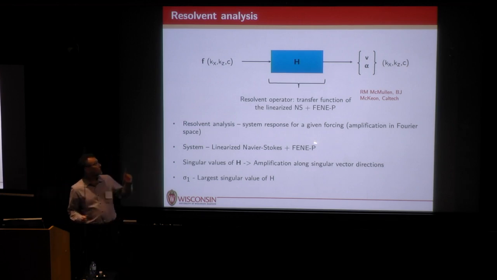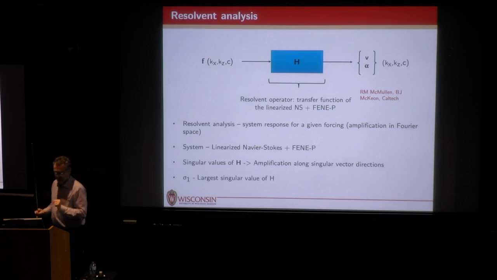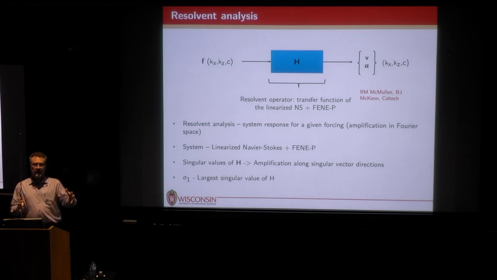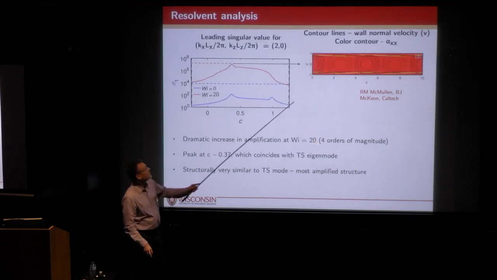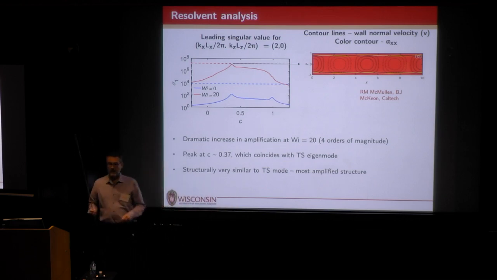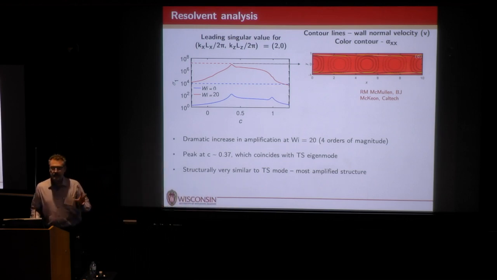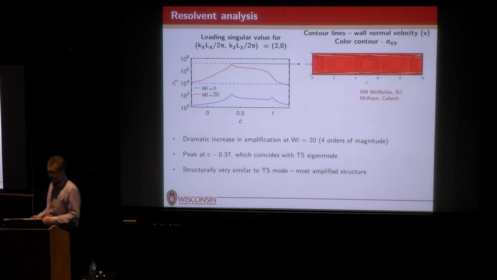So you can look at that as well, do singular value decomposition of that operator to find the largest singular value, so the structure that's amplified the most. That's here. That's almost identical to the Tollmien-Schlichting mode, which isn't necessarily surprising. All right, but both from the resolvent and linear stability analysis, we see this structure arising.